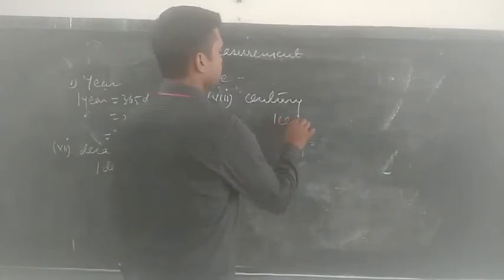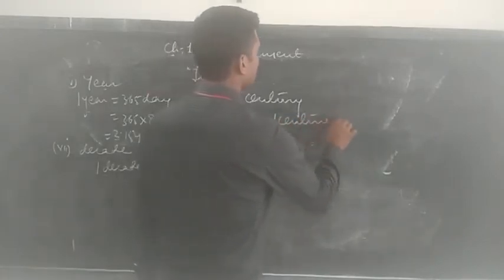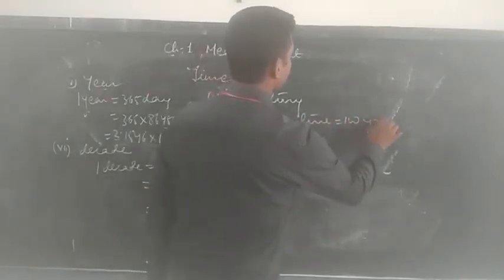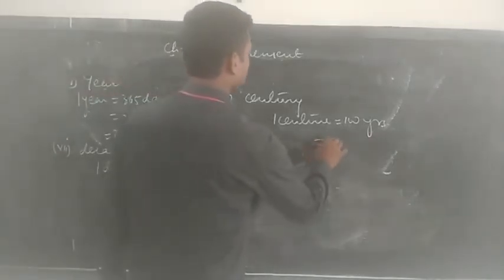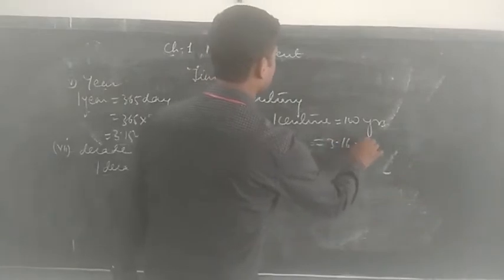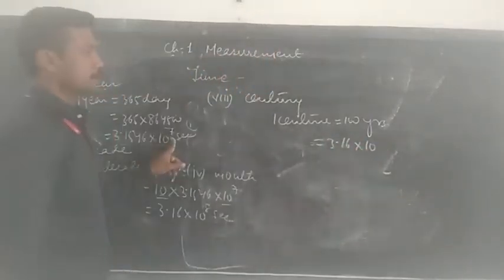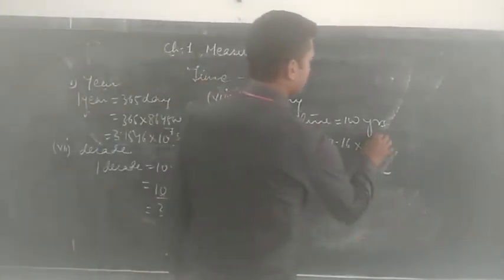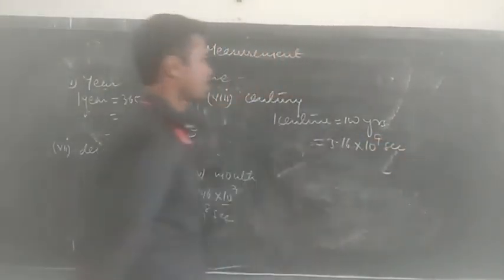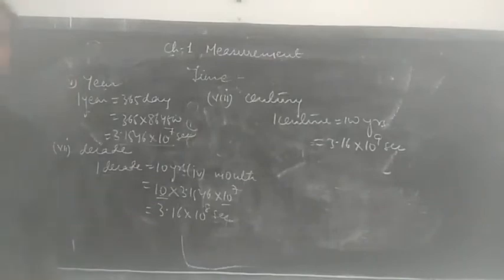So 1 century is equal to 100 years. So you have to multiply 100 to this 1 year to convert it to seconds. So it becomes around 3.16 into 10 to the power 7. 10 to the power 7 multiplied by 100 will be 10 to the power 9 seconds.